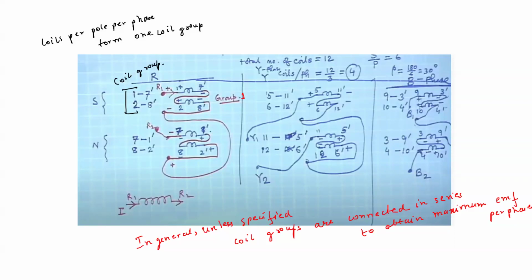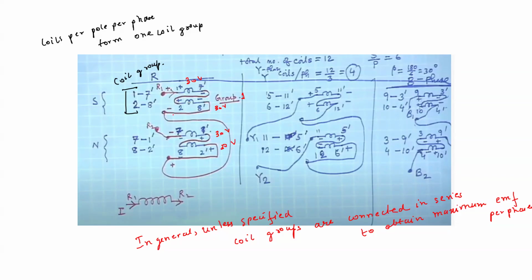That is very clear, because suppose this coil has 30 volts, and another coil is 30 volts, so 30 plus 30 is 60, then another 30 plus 30 is 60, so you get 120 volts like this.